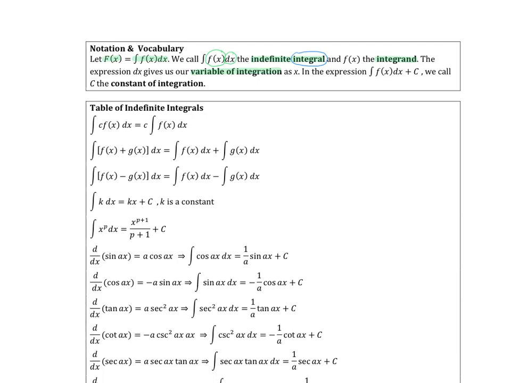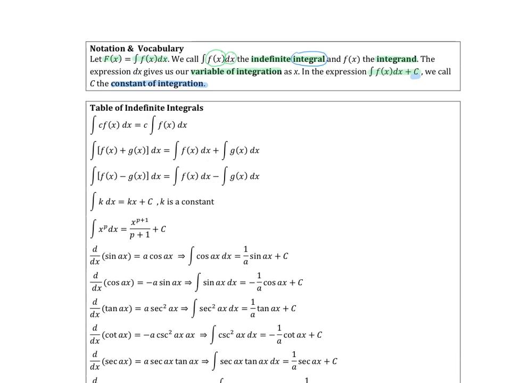However, since this is an antiderivative, it's actually going to be the antiderivative with that constant c. So when we're looking at this notation, that constant c is what we call the constant of integration. But all of this is exactly the same.